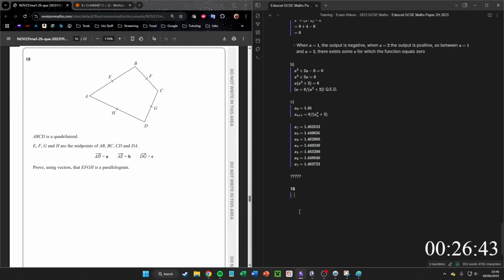So EF is equal to, let's just figure this out. So we need to go back to A, don't we? We have AH, AE, and DG. We can obviously use the fact that the midpoints are very useful.